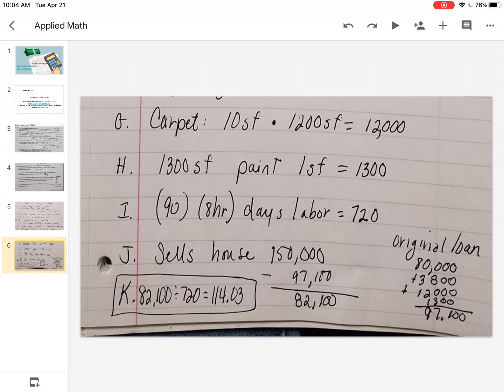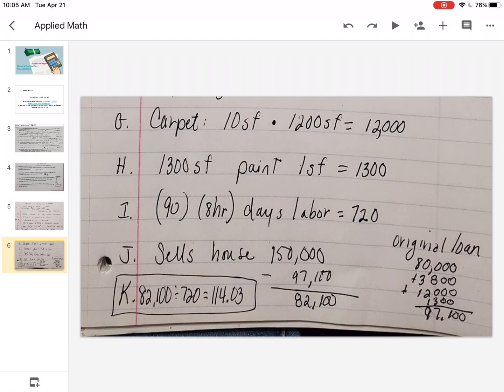So I have 80,000 plus 3,800 for interest, plus 12,000 for flooring, plus 1,300 for paint. I got 97,100. If he sells it for 150,000, subtract 97,100 and you get 82,100.